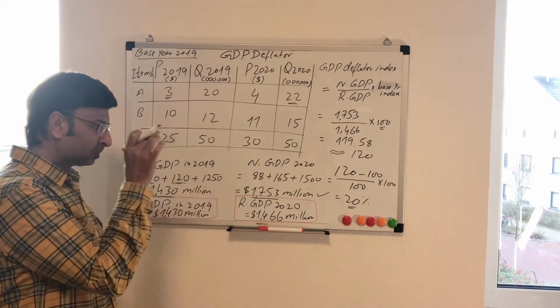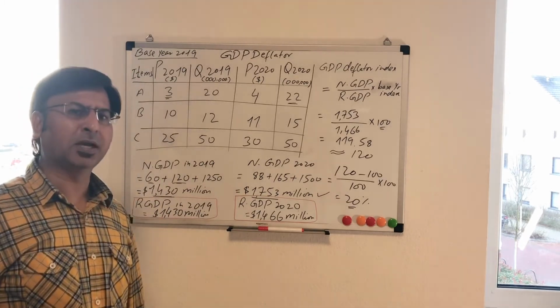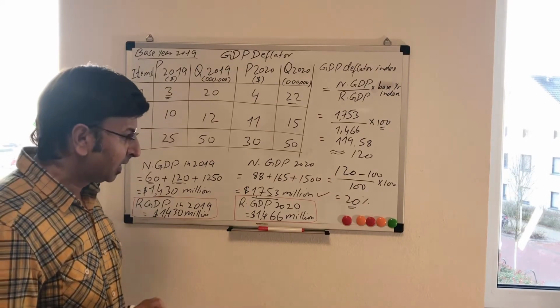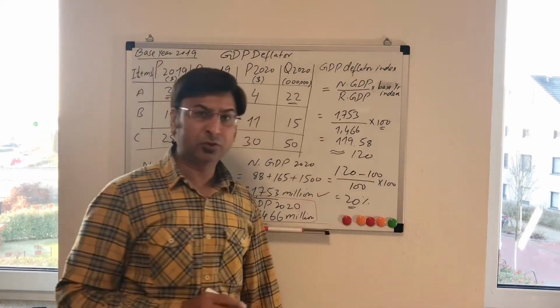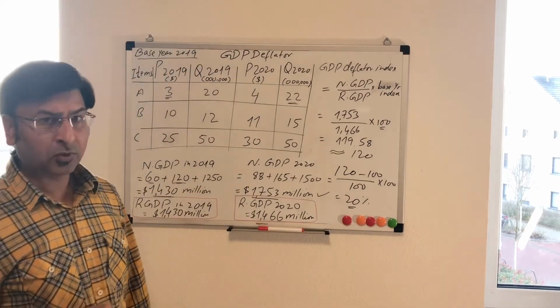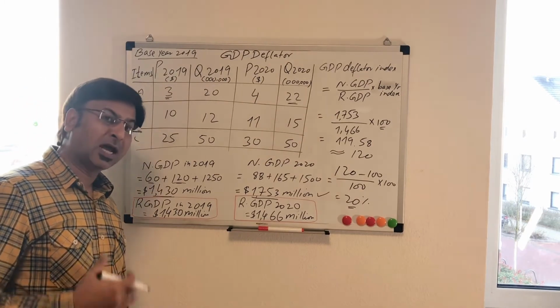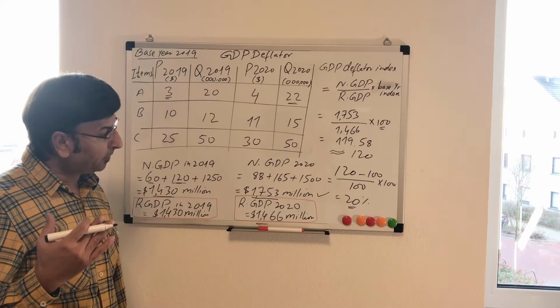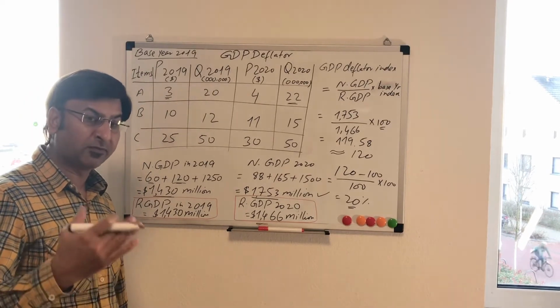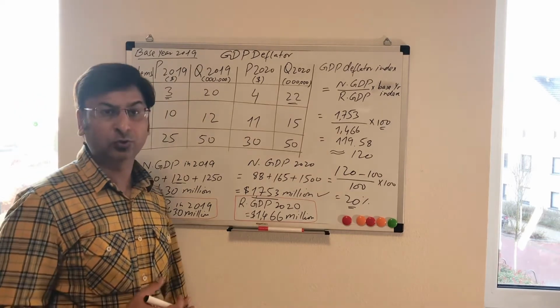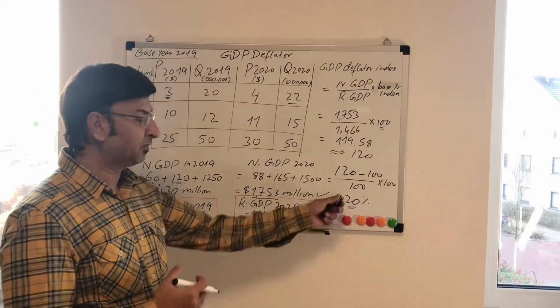That means the GDP is rising by 22.5% in nominal terms, and inflation is 20%. It tells you the story that actually the economy did not grow by 22.5%. Instead, it only grew by 2.5%, adjusting it with inflation.